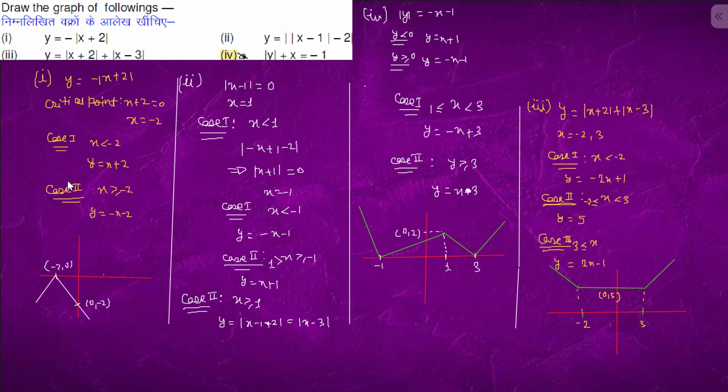This is the time to plot this. So the critical point is what? Y less than 0 and y bigger than or equal to 0.